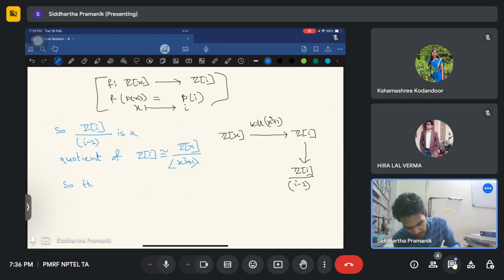So the ideal (i − 2) can be identified with, so we are identifying i with x. So you just replace i with x, with x − 2, means in Z[x] mod x² + 1.